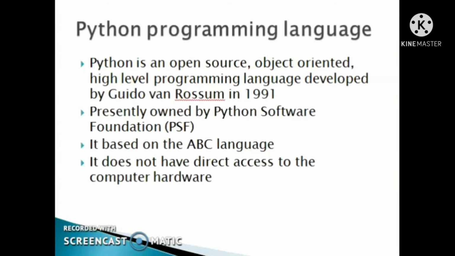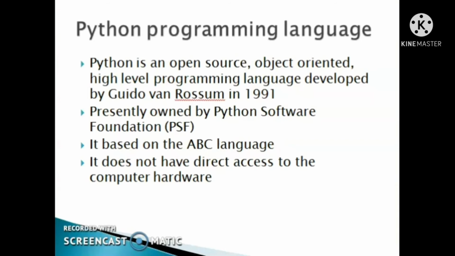Next is the Python programming language. Python is an open-source, object-oriented, high-level programming language developed by Guido van Rossum in 1991. Presently owned by the Python Software Foundation.